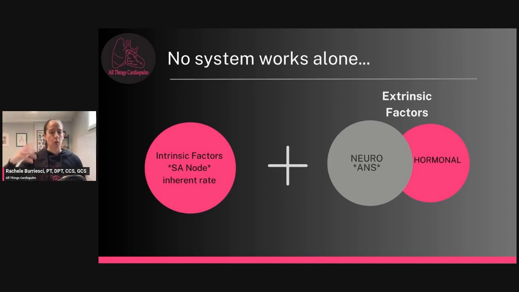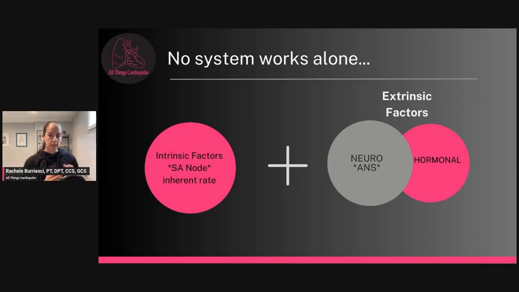So when we think neuro, we're really thinking autonomic nervous system, helping to regulate the speed or rate of contraction, as well as the strength of contraction, as well as the time for recovery and relaxation. And the hormonal system is another backup system that very much mirrors the autonomic nervous system to basically do the same job if something was to occur.